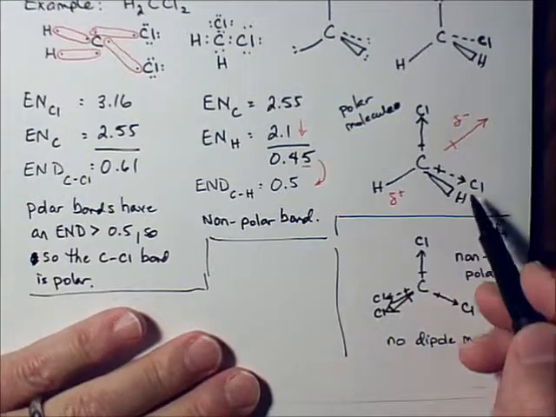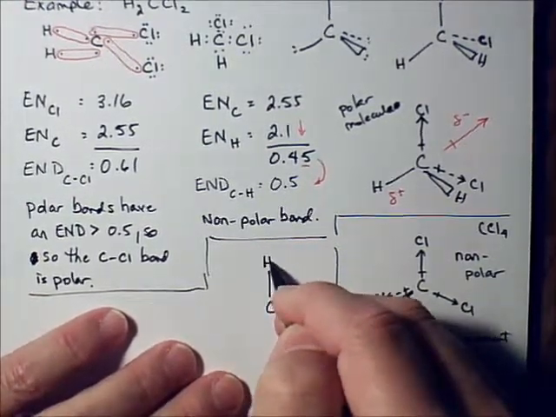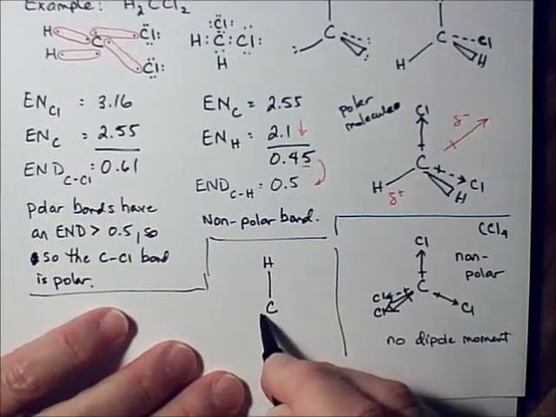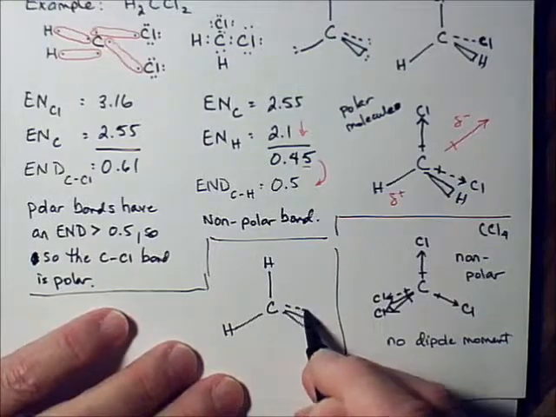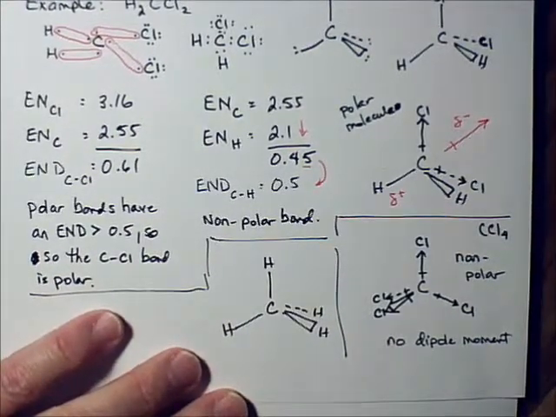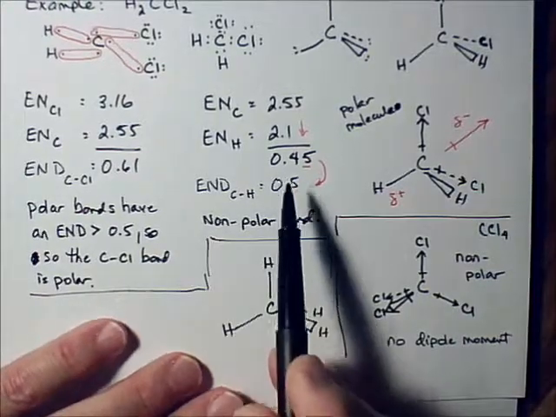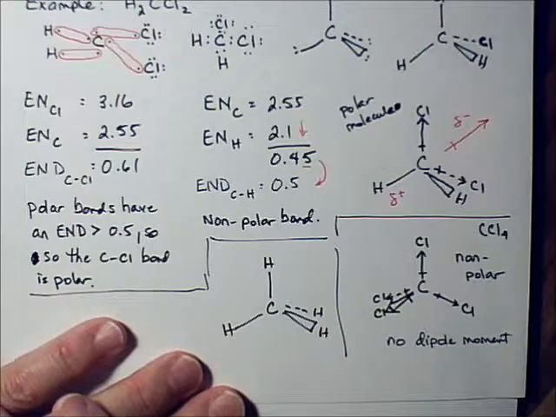So let's look at what happens when we replace the 2 chlorines we had up here with hydrogens. In this case, the hydrogen to carbon bond is nonpolar, right? And in order to have a polar molecule, you have to have polar bonds.